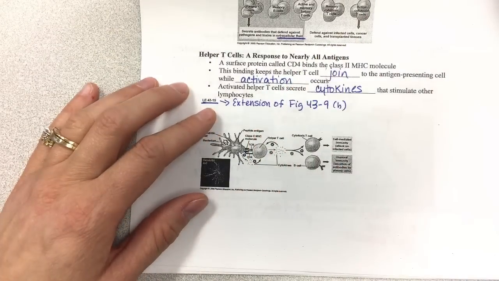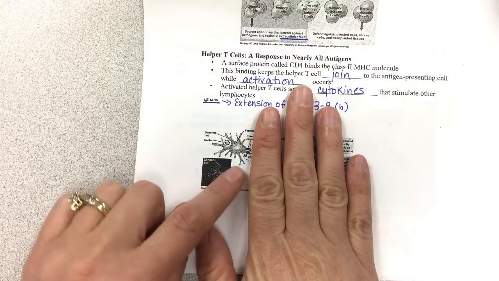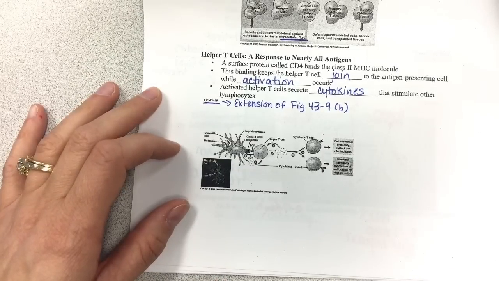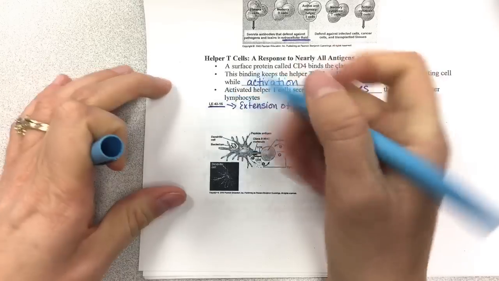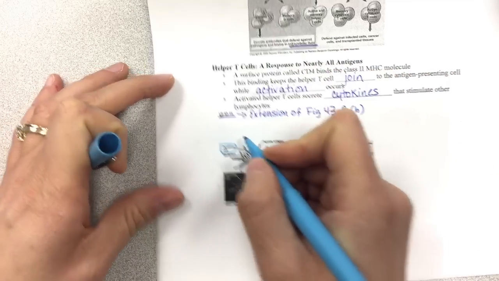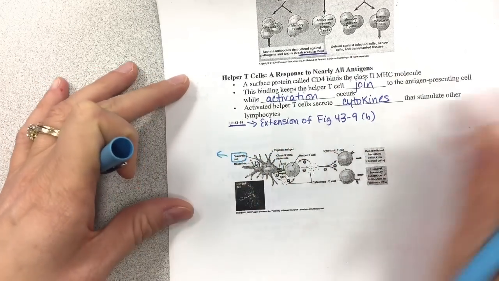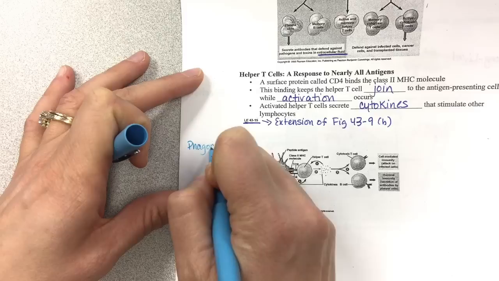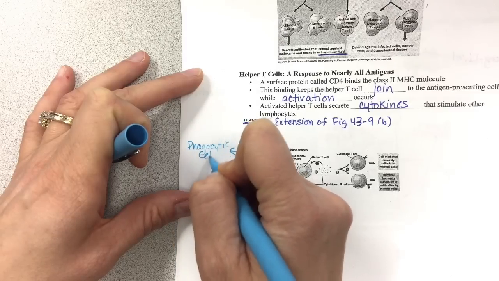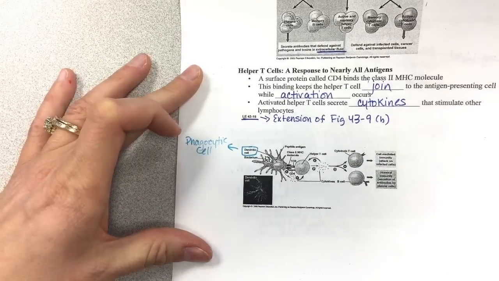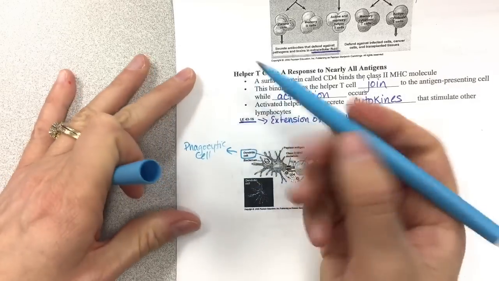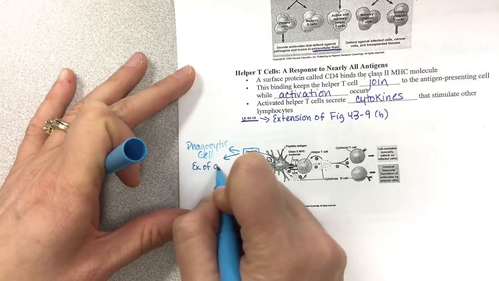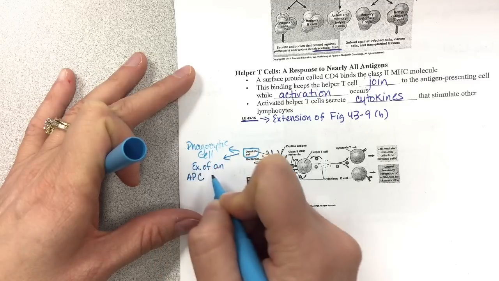If we just cover up this part of the diagram and just look at this part here, this is your dendritic cell. And your dendritic cell, let's put this in a color here. So here's your dendritic cell. This is a phagocytic cell, and it is also an example of an APC, the antigen presenting cell.